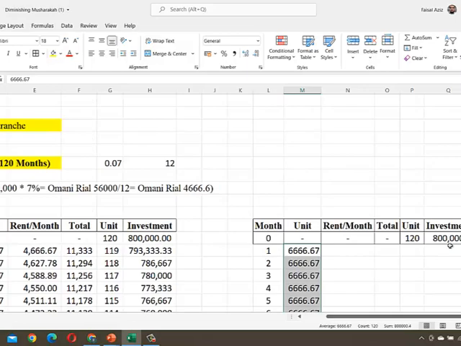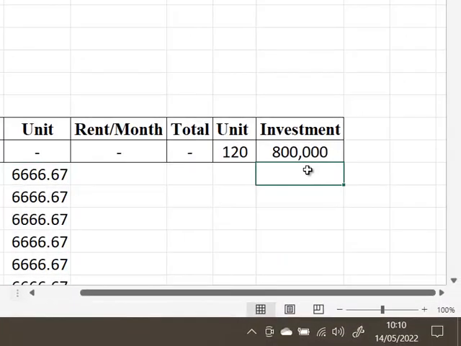Now here you can see this is the investment. What will happen is that from the investment, the bank share, after every successive purchase, the bank's investment will come down. So here I'm just going to subtract the unit price from this value. Simple as that.